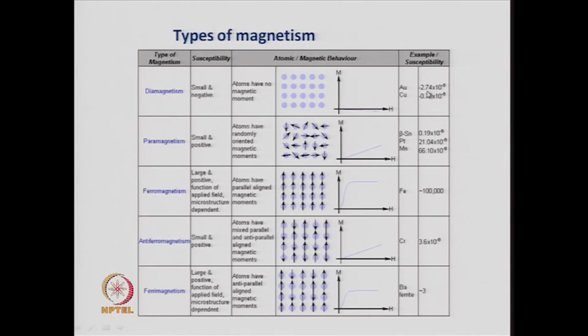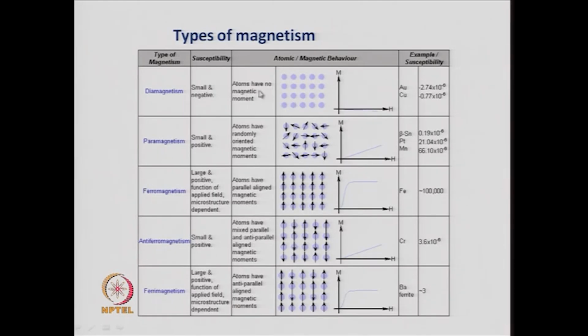So, you can see the value of diamagnetism is of the order of 10 to the power minus 6 for gold and copper, and this is very small compared to other cases where there is ferromagnetism or ferrimagnetism, etc. So, in diamagnetism the magnetization hardly changes with magnetic field, it is a very small negative magnetization, and you cannot see any magnetic dipole.